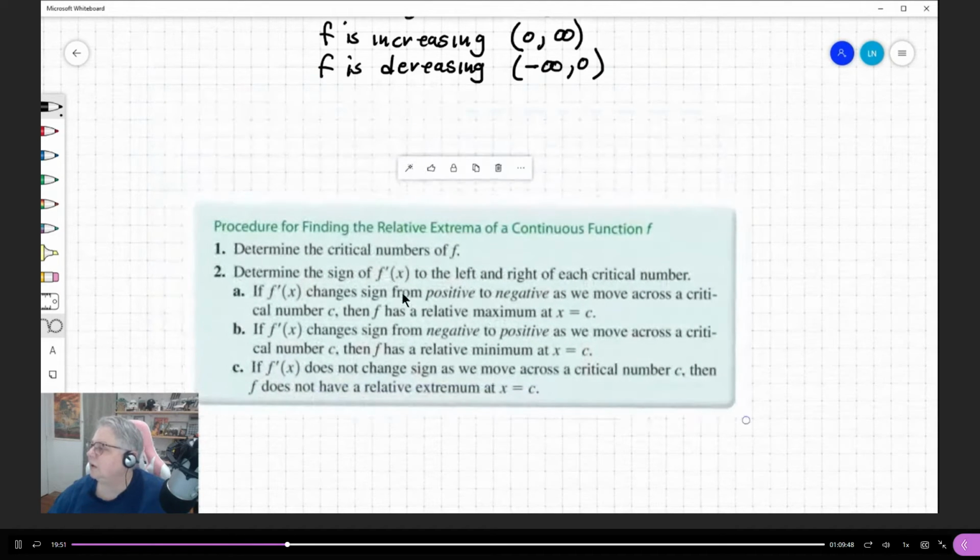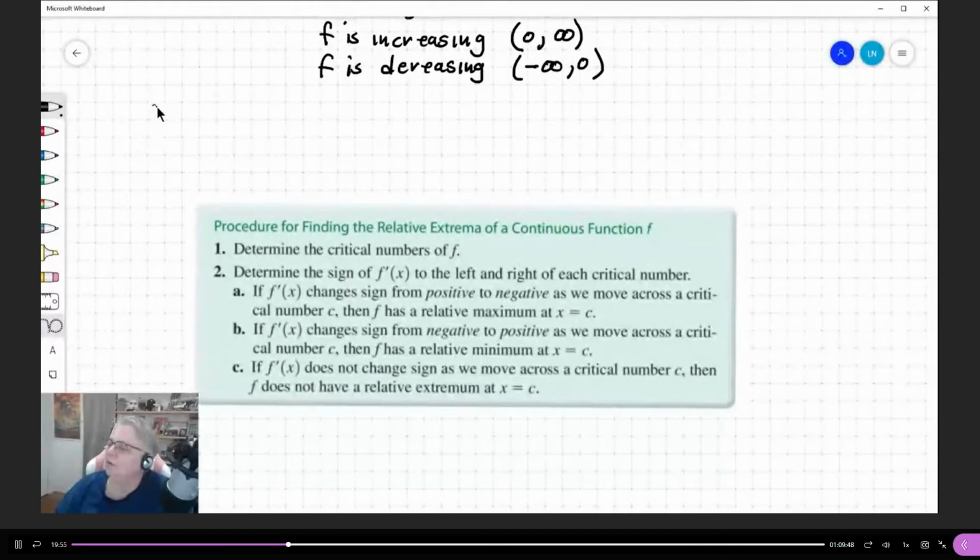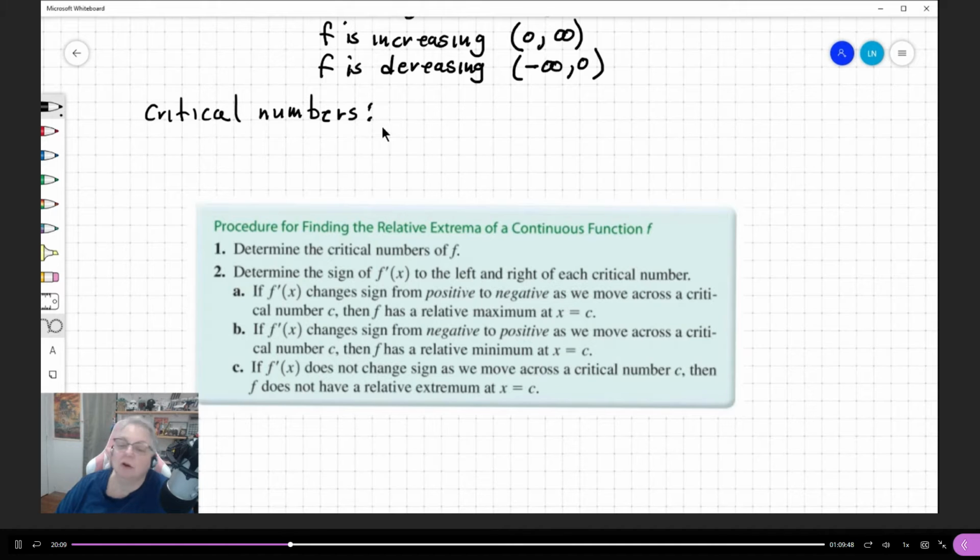So let me throw that in up here. We can define the words critical numbers. Sometimes critical values. I tend to say critical values, but the book says critical numbers. So that's what I'll write. But if you hear me say critical values, same difference.